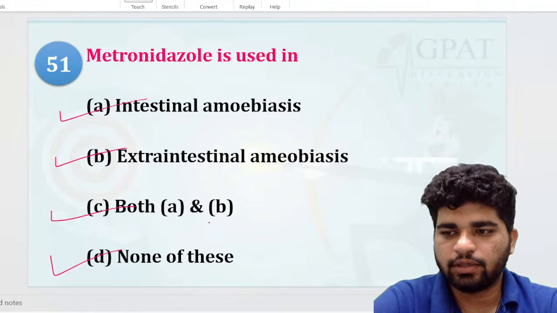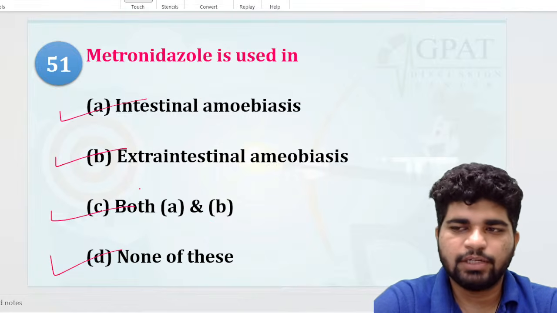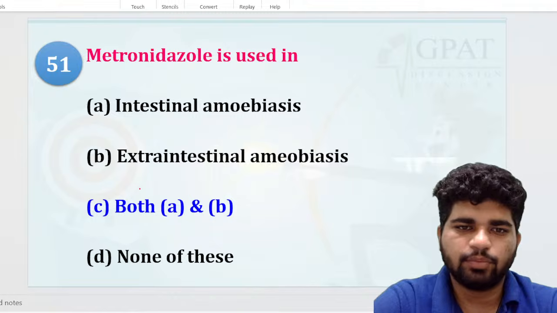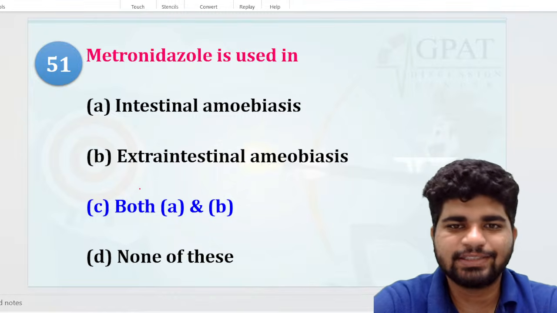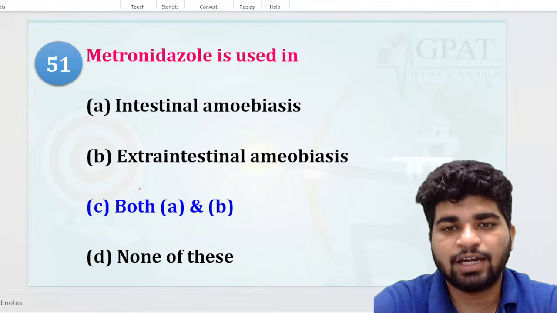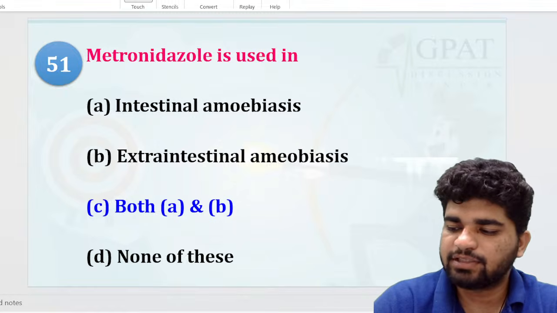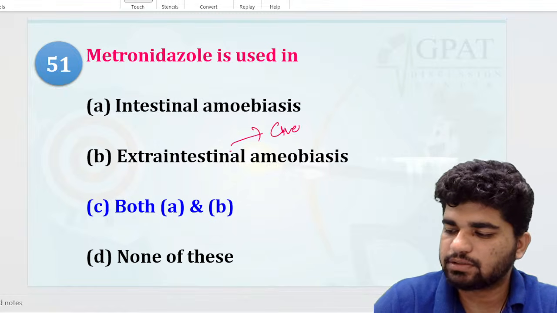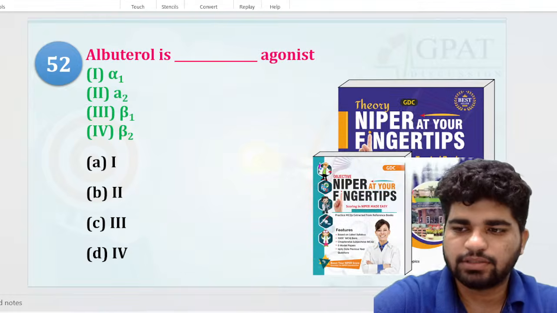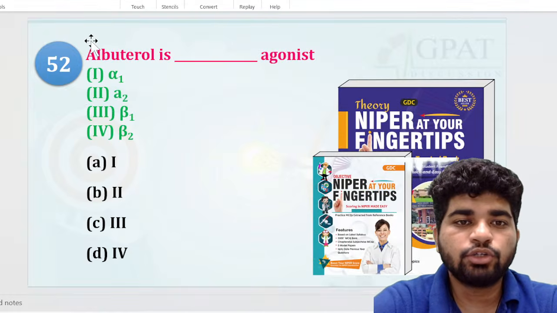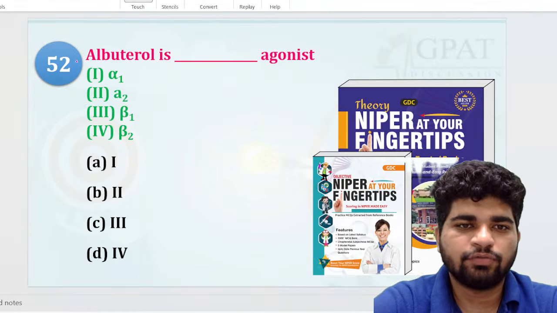Yes, metronidazole is used for both A and B. Exactly. Intestinal amoebiasis as well as extraintestinal amoebiasis. Extraintestinal amoebiasis is also known as liver amoebiasis. Okay.